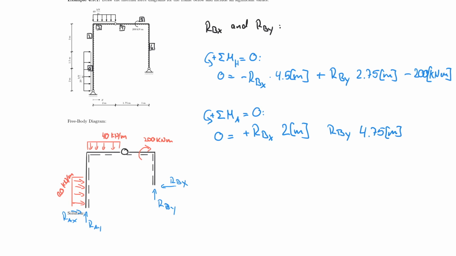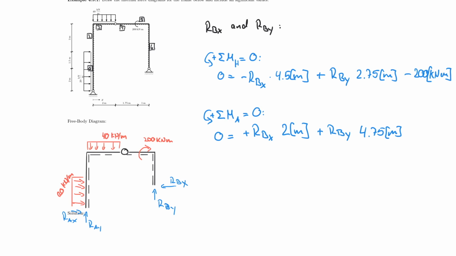But now I have to decide in which direction this is turning, and it's turning counterclockwise, so therefore it's positive. I want to re-emphasize this: here it's plus plus, whereas here it's plus minus. That seems strange at first glimpse, but because you turn about this point in the first cut, and about this point in the second cut, RBX takes a different rotation. It turns clockwise versus counterclockwise on one of them.